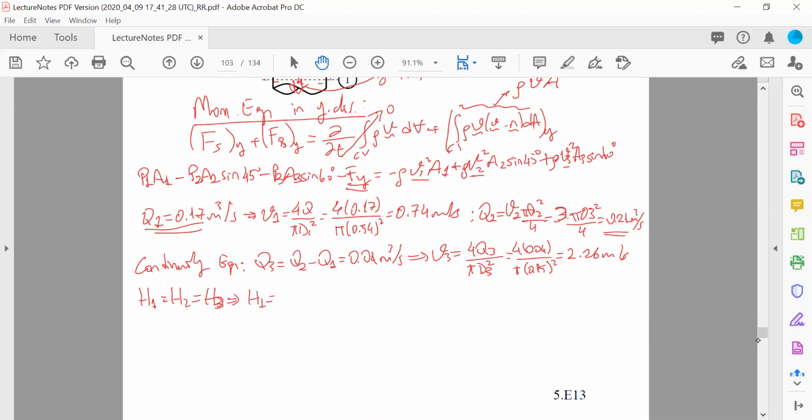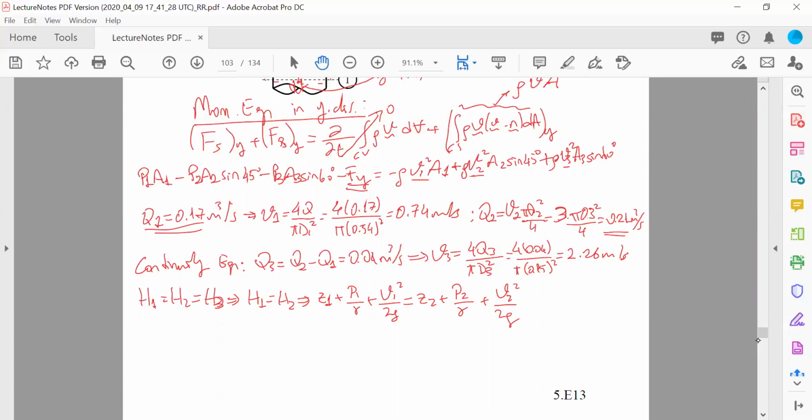H1 equals H2 gives us Z1 plus P1 over gamma plus V1 square over 2G equals Z2 plus P2 over gamma plus V2 square over 2G.